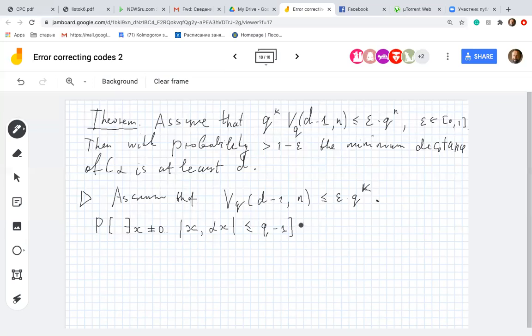Now I will just express this line of reasoning using formulas.